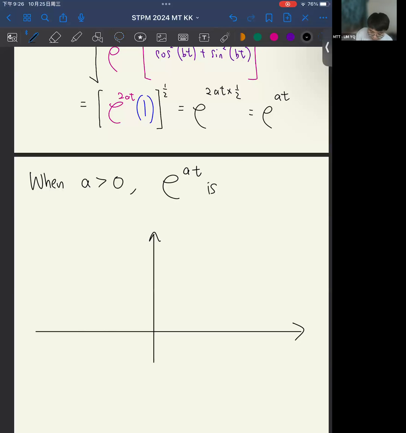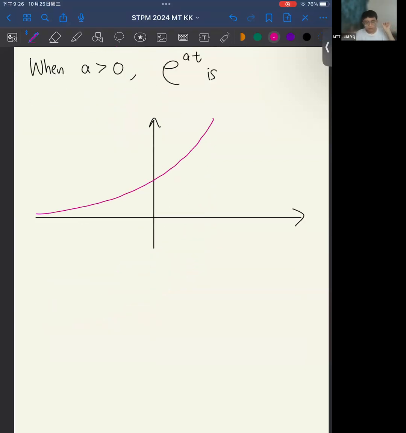What's the pattern? From near 0 on the negative side and then going up. This is the shape of the graph when a is greater than 0. Go look at your graphing calculator, or look back at your chapter 1 on exponential functions.